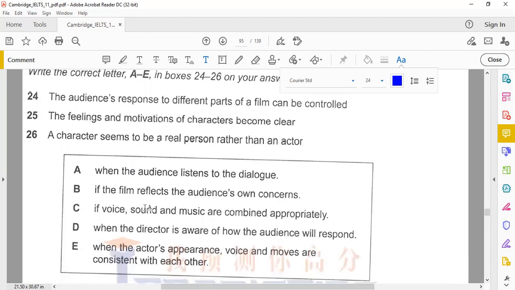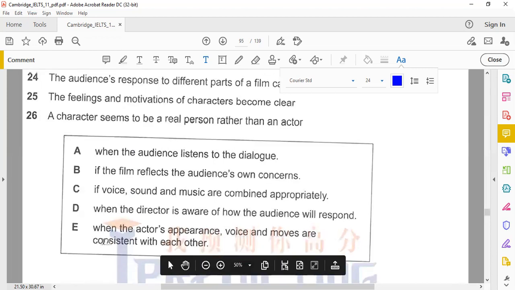Most probably E: when the actor's appearance, voice, and moves are consistent with each other.